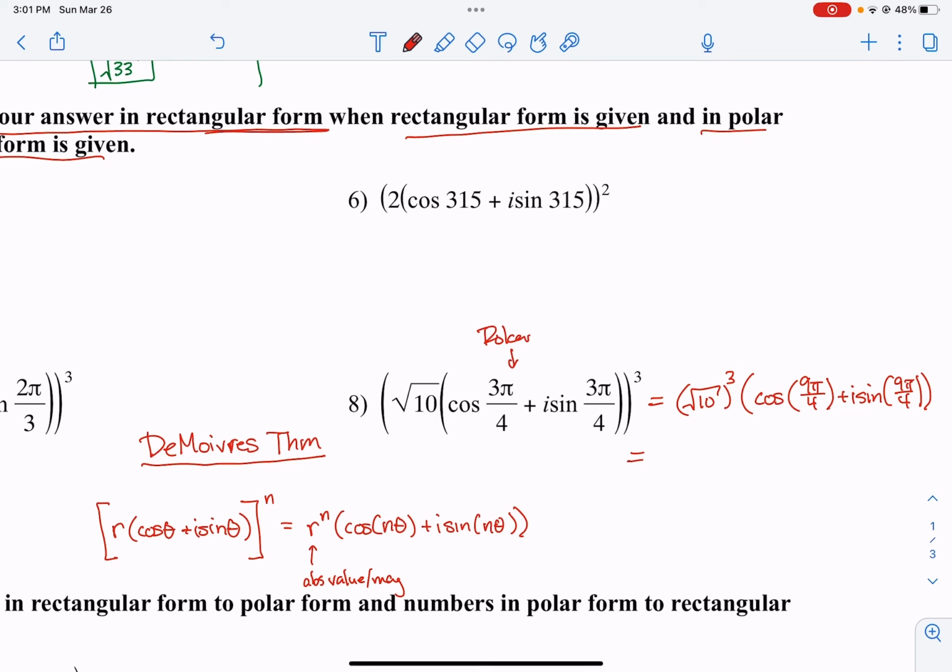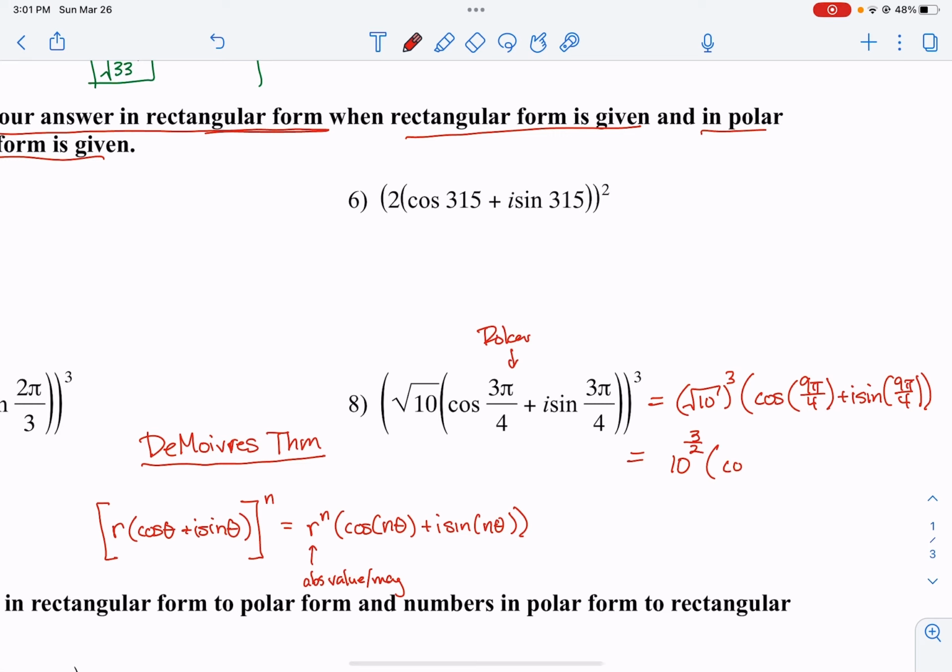Depending on how you want to simplify that front number, you could say that this is 10 to the 3 over 2. That's one way you could write it. You could also write it as 10 square root of 10. I might just stick with 10 to the 3 over 2.